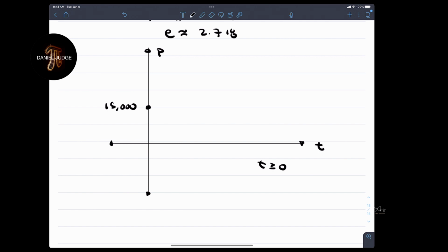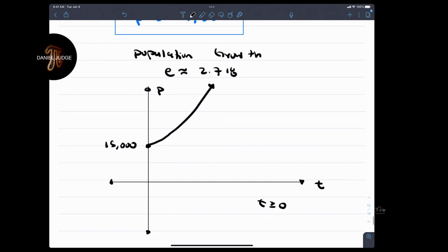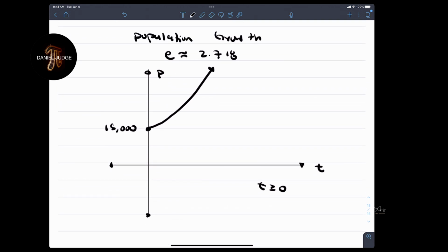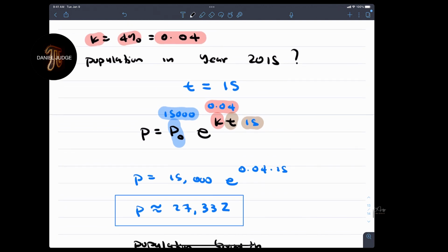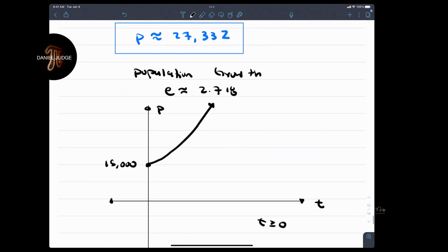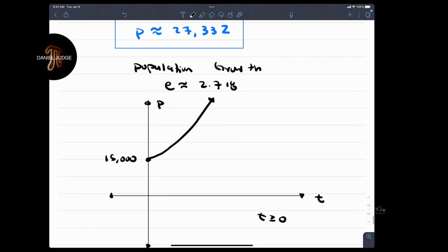And remember this, population grows exponentially because this is exponential growth. So what you're seeing here is a curve, and you say, where's the negative portion? We don't have negative time. We have positive time. So the kind of question that's modeled by this situation is, you start at 15,000 and through time, this could even be 27,332, and this is my time at 15 years, because time could be in years.